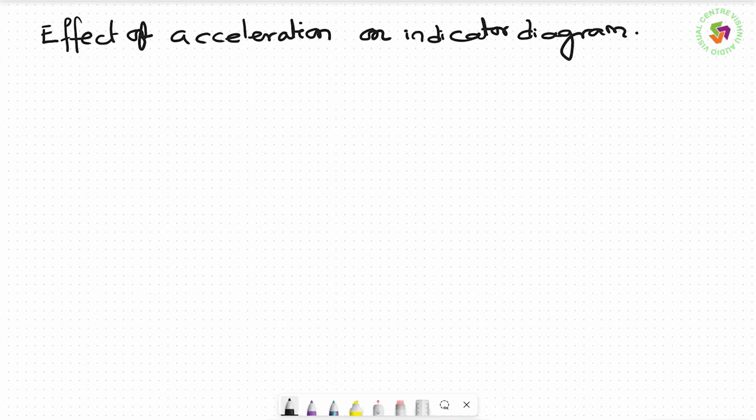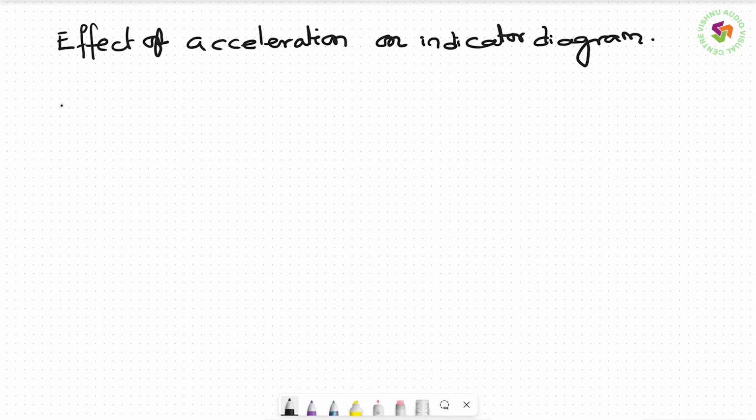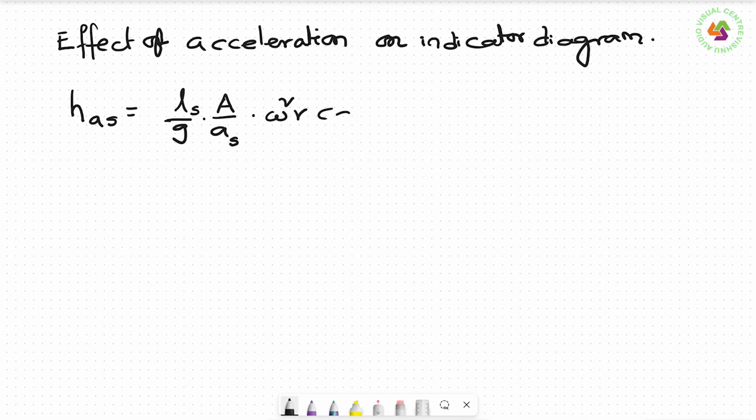Yesterday we determined the acceleration pressure head. The acceleration pressure head in the suction pipe is Ls by g, A by As, omega square r cos theta. This is the acceleration pressure head that we derived in the last class.